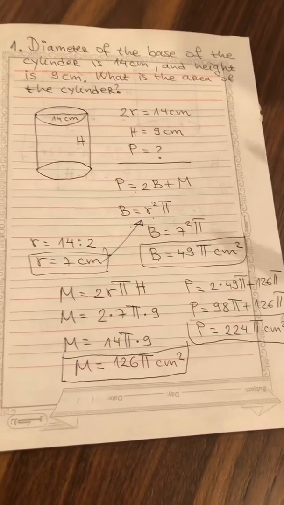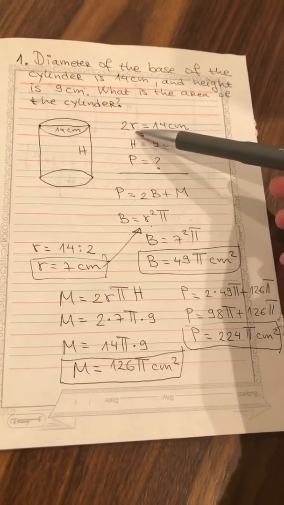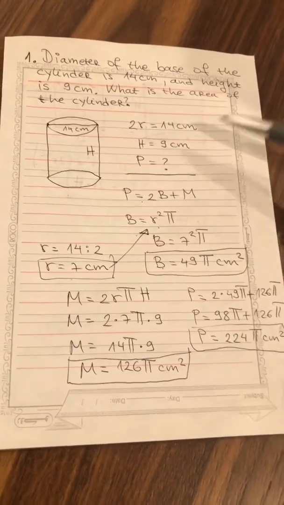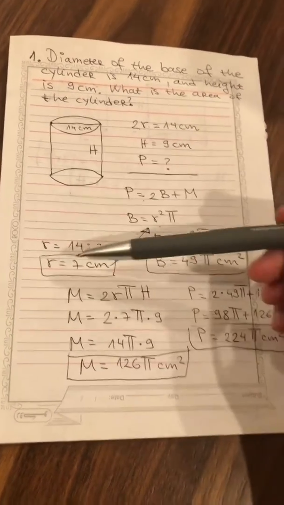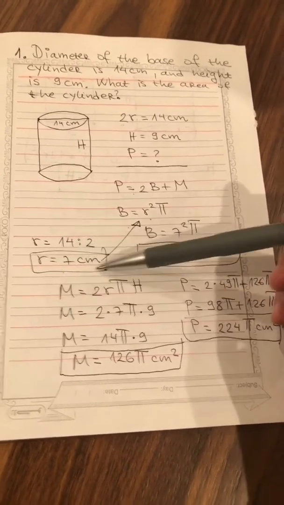So to sum up shortly, diameter is 2r, which is 2 radius, and it equals 14. From that we found how long r itself is.